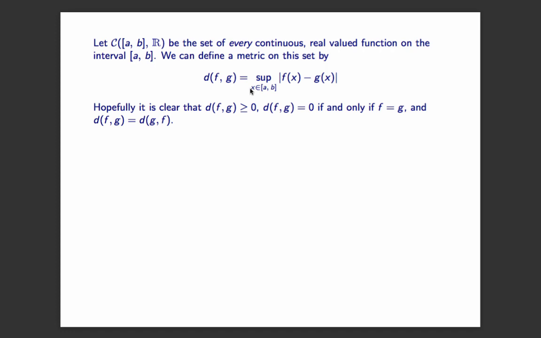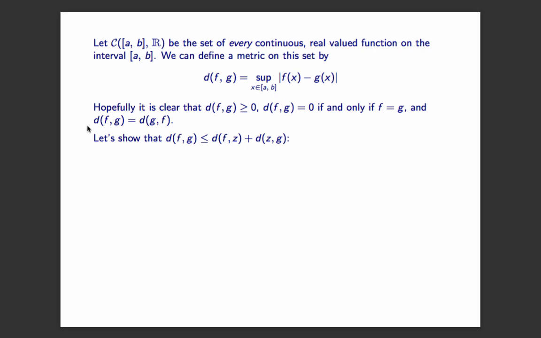So hopefully it's clear that the distance function given here, that is the metric, is not negative because of the absolute value. It's 0 only if f and g are equal for each x, that is, f and g are equal. And that I could switch places with f and g because of the absolute value and get the same outcome.